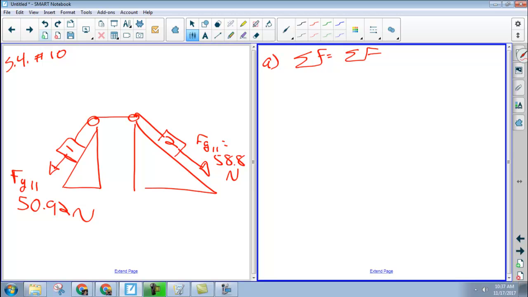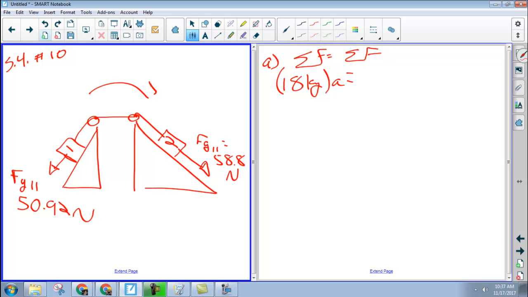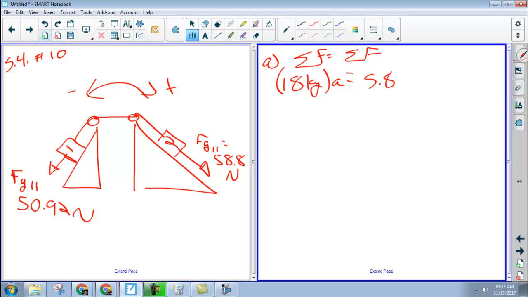My total mass is 18 kilograms times acceleration equals 58.8 minus 50.92. Solve for your acceleration, and specifically it gives you 0.438. Cool? Any problems with that?